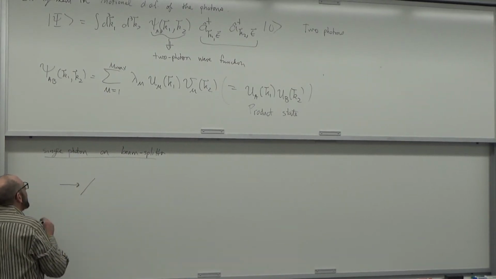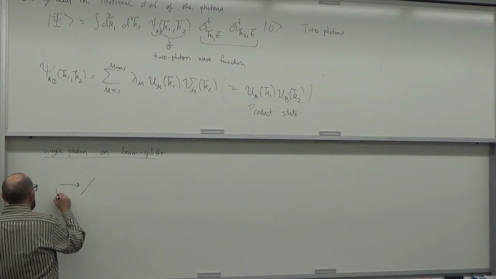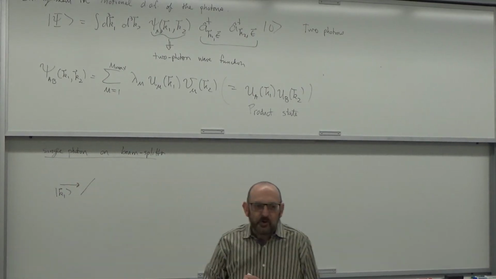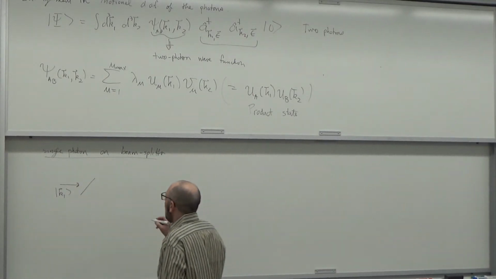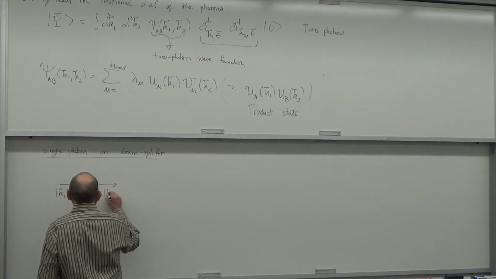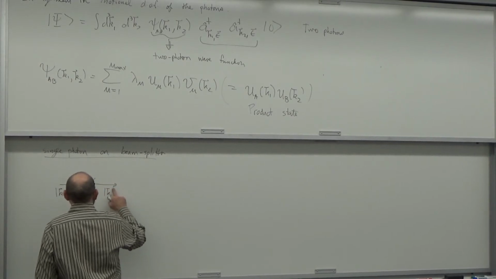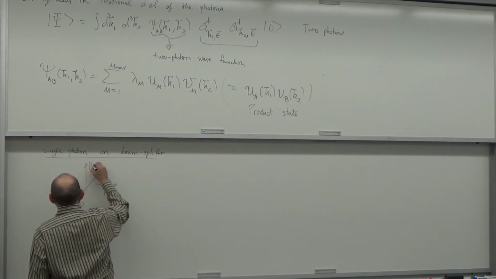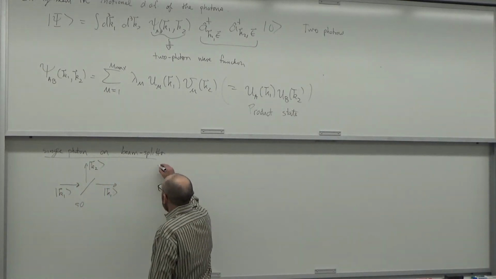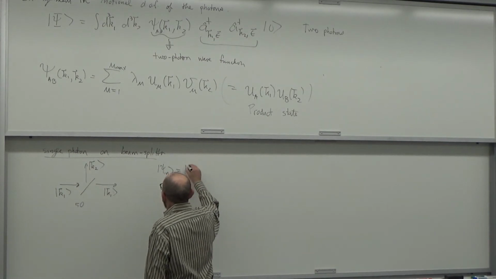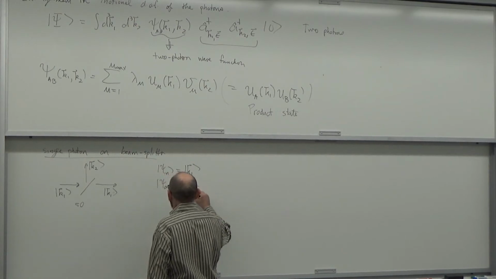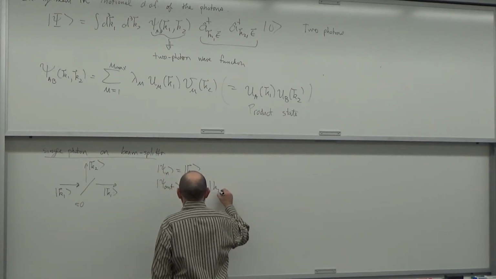I put a single photon on this beam splitter. Let's say the photon has momentum k1, thought about in a first quantized form. Then the photon can be transmitted. Let's say it's a 50-50 beam splitter. It can be transmitted or it can be reflected and have a different momentum. And so we would say psi in is that plane wave, and psi out is a superposition of two plane waves.